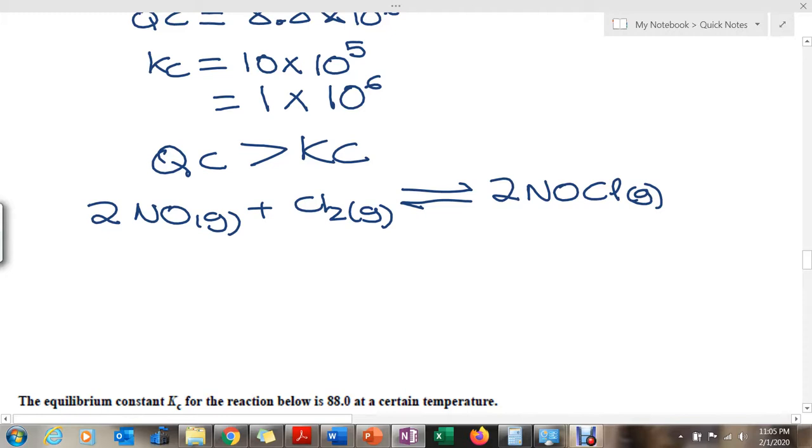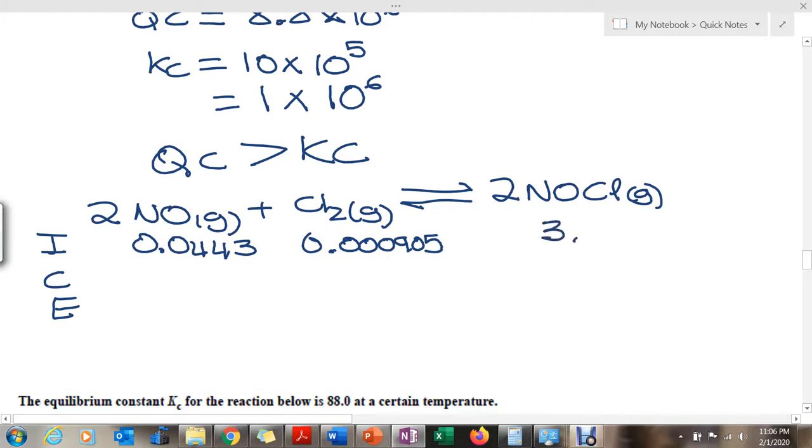So in this case you have the concentration of NO, initial, 0.0443. This is initial, change, and equilibrium. The chlorine was 0.123905. And the NOCl is 3.95.